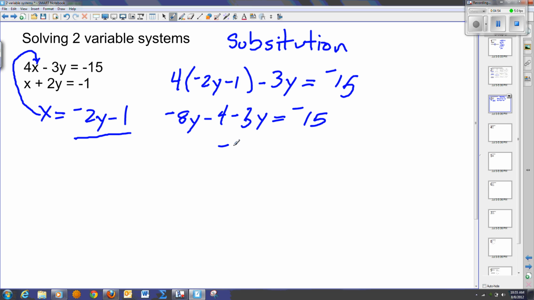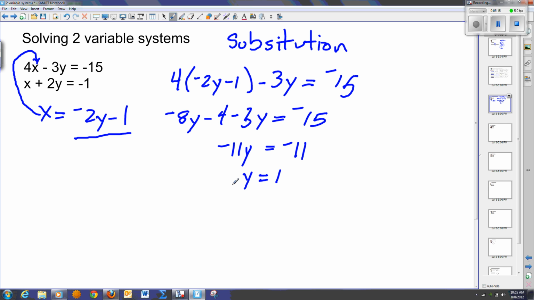Gathering like terms, I have negative 11y equals, and I'm going to bring this negative 4 over to the other side by adding 4 to both sides, negative 11. So thus y equals positive 1.